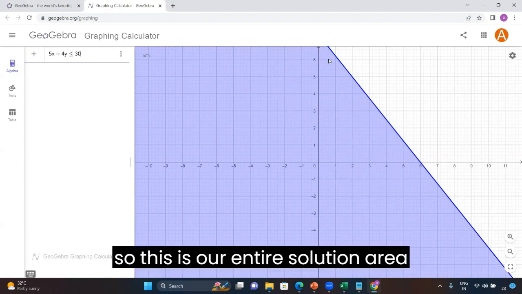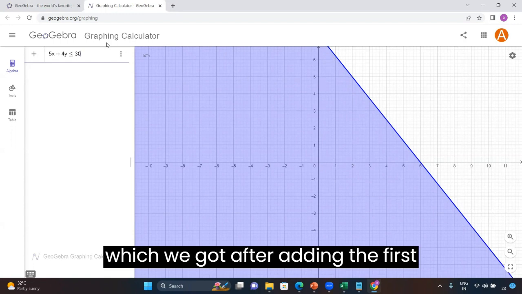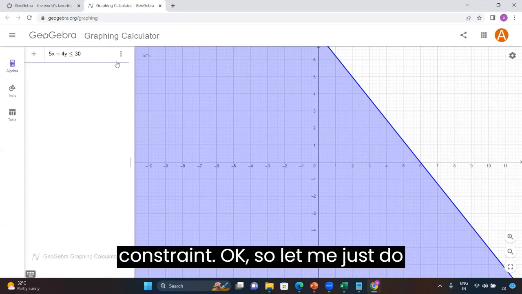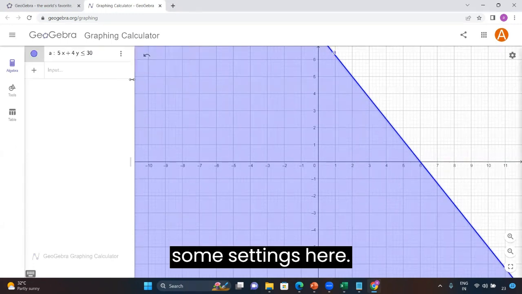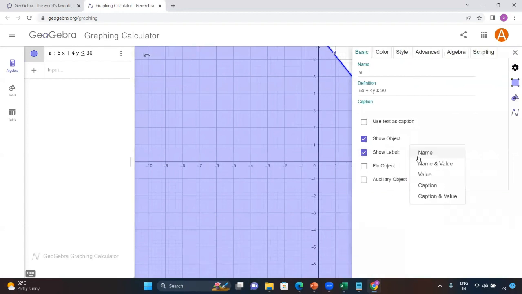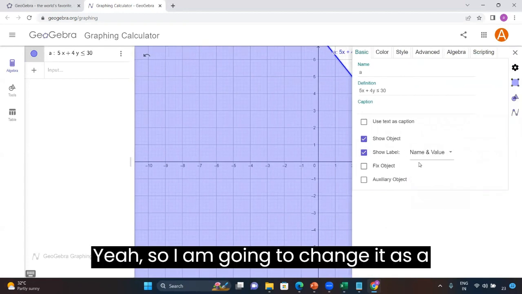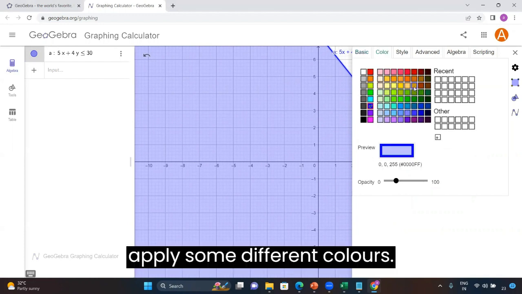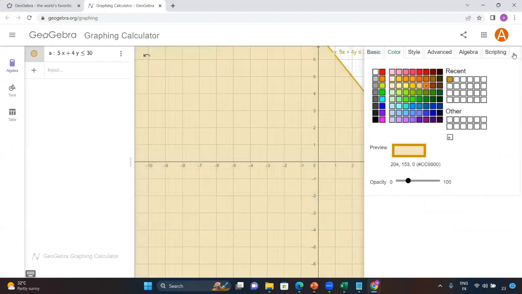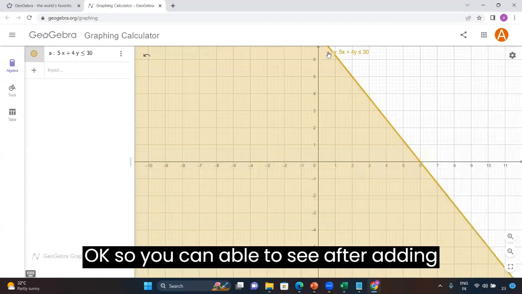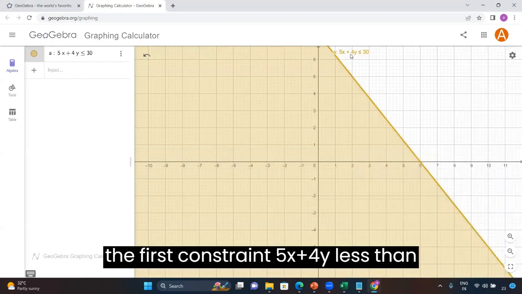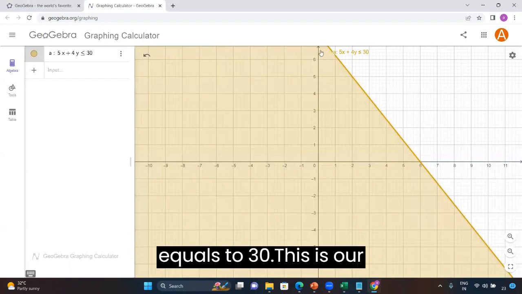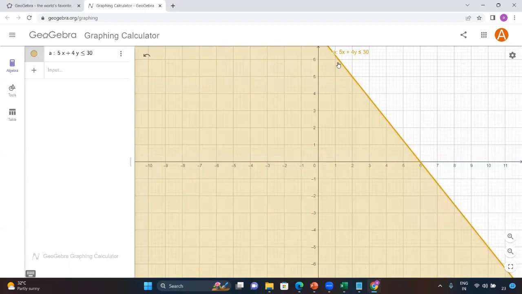So this is our entire solution area, which we got after adding the first constraint. Let me just do some settings here. I am going to change it as a name value, and also let me apply some different colors. So you can see after adding the first constraint 5x plus 4y less than or equal to 30, this is our entire solution area.